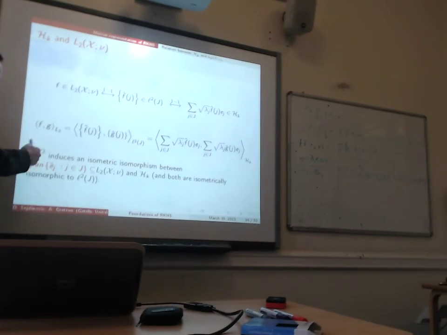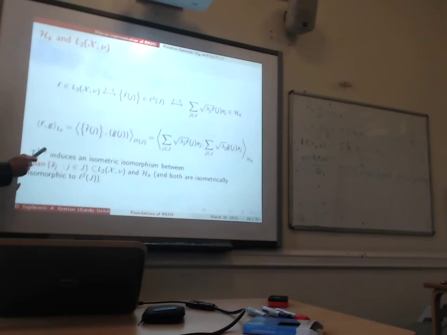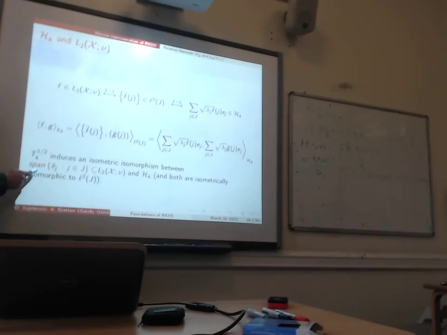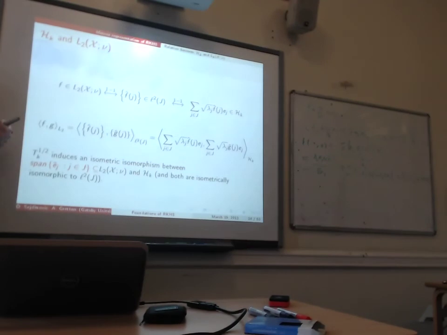So actually this operator T_K to the half is somehow inducing a kind of isomorphism between a part of L2, since I didn't say that this is a basis, it could be a simply smaller set, so a span of that set, and the RKHS. So you can also view the RKHS in that way, just some space that is isometrically isomorphic. It is for all practical purposes the same as some subspace of L2.